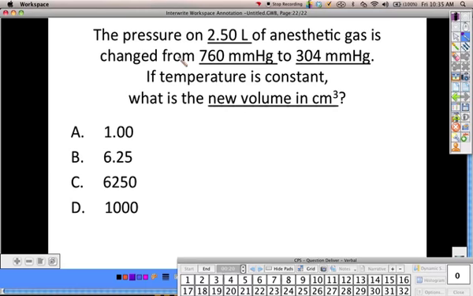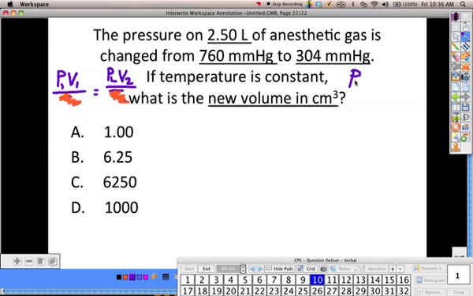I'm going to use my combined gas law: P1 V1 over T1 is equal to P2 V2 over T2. But I'm holding something constant. What am I holding constant? Temperature. If it's not changing, I don't need to worry about it. So really what I'm dealing with here is P1 V1 is equal to P2 V2.